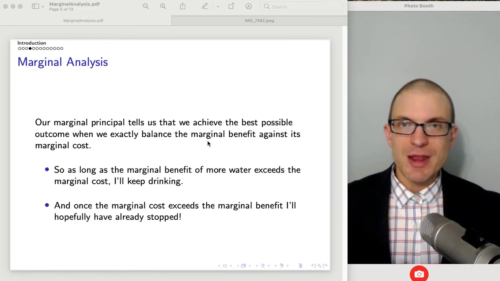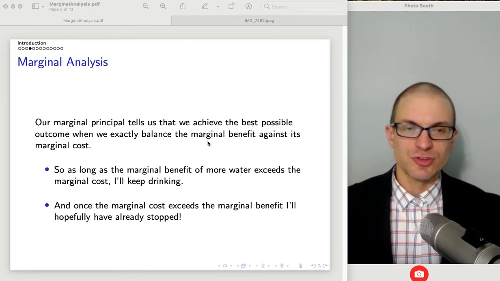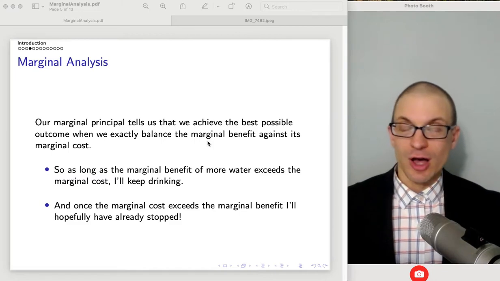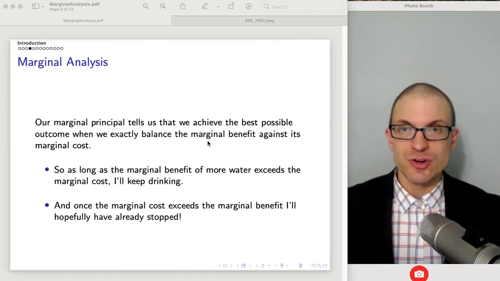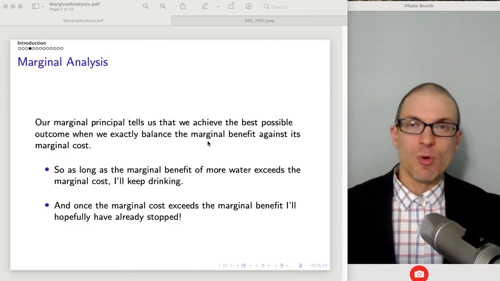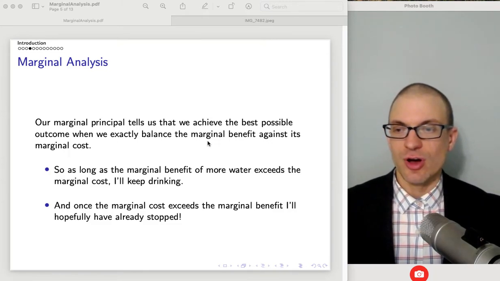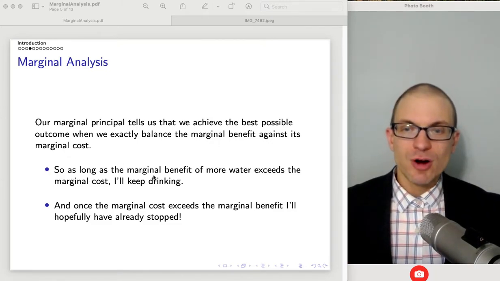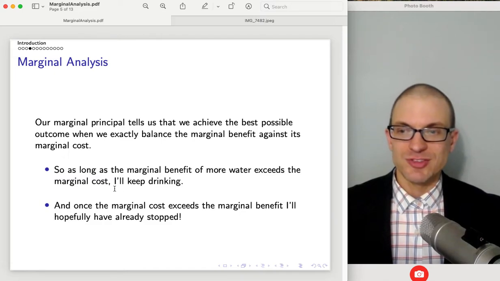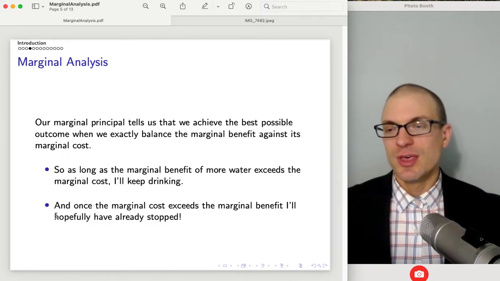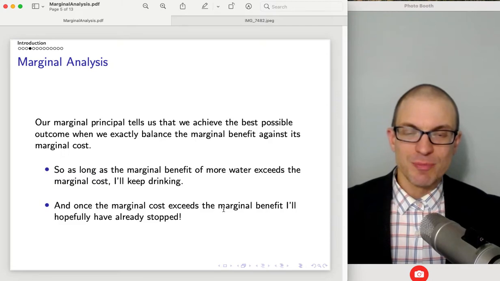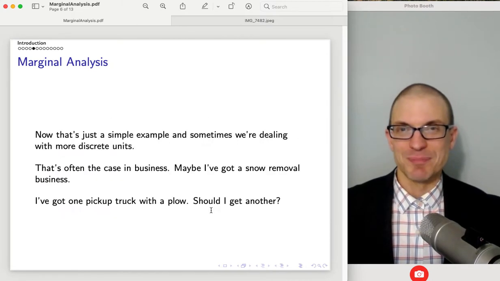So the marginal benefit of one more sip of water is exactly the marginal cost of one additional sip of water. Beyond that point, the marginal cost is larger than the marginal benefit, and before that point, the marginal benefit exceeds the marginal cost. So as long as the marginal benefit of drinking more water exceeds the marginal cost, I keep drinking. And once the marginal cost exceeds the marginal benefit, I'll hopefully have already stopped.